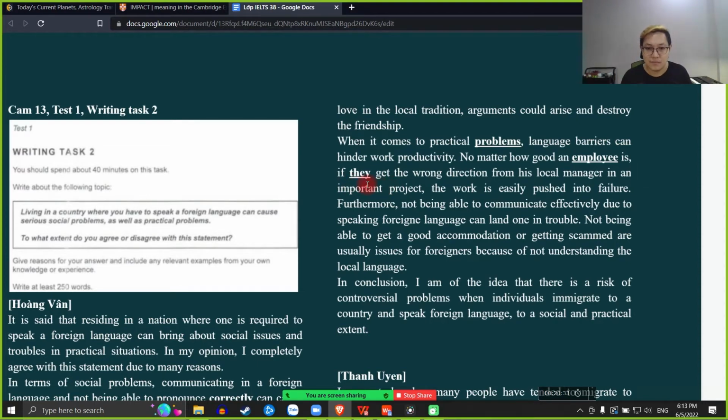Vậy để số nhiều á thầy. If they get the wrong direction from his local manager, an important project or work is easily pushed into failure. I think we need to use more modal verbs to make it soften the argument, because you never know what would happen if the work can still succeed. So use more modal verbs to make the essay sounds more objective.